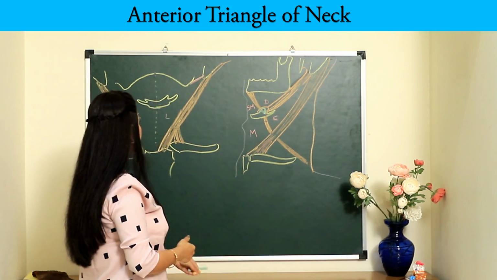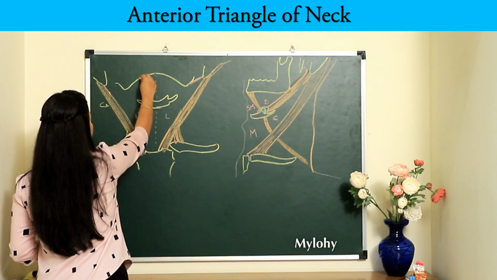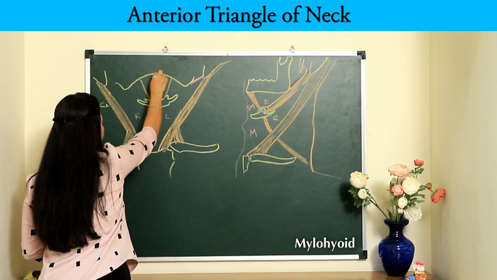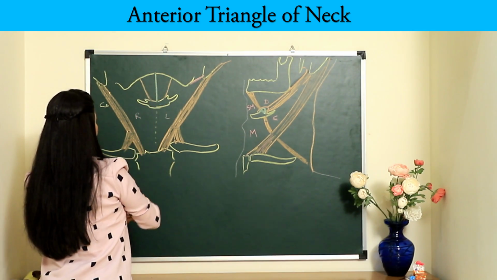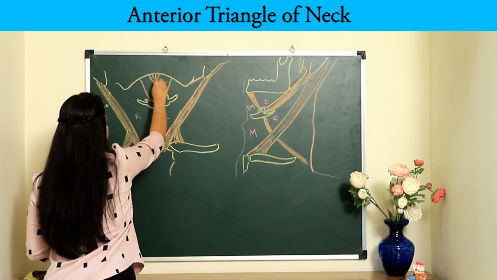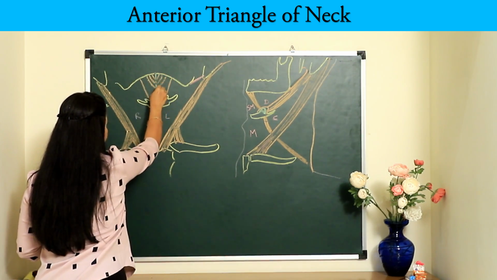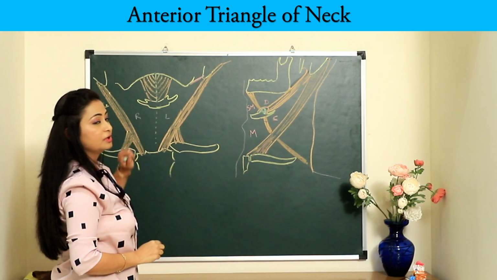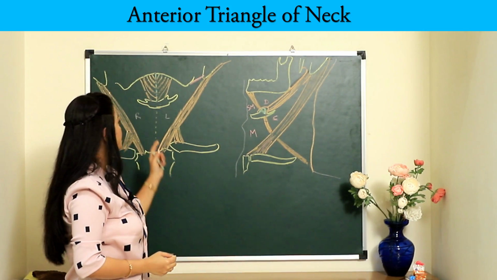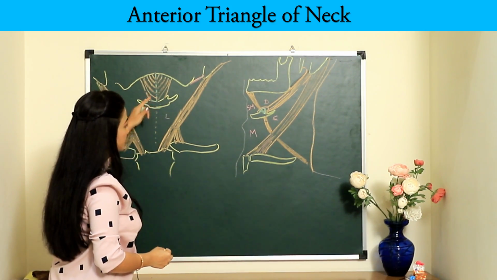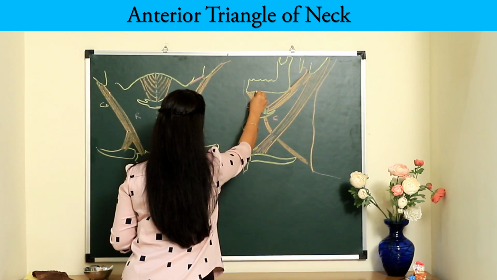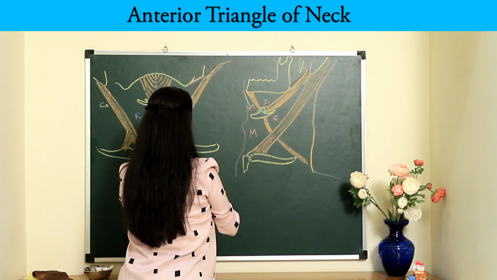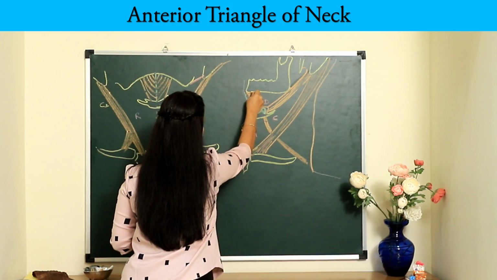Now first we have a muscle known as mylohyoid. This is the mylohyoid muscle, the fibers of which on both sides converge onto this median fibrous raphe and form the floor of the mouth known as the diaphragma oris. So the mylohyoid muscle is the first muscle which is forming the floor of this triangle over here like this.